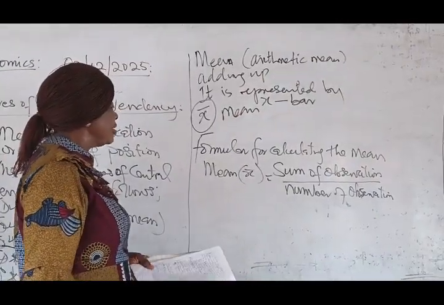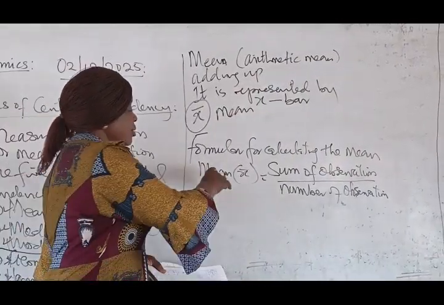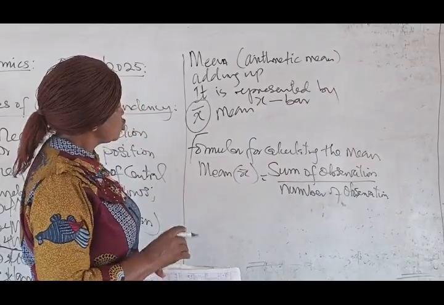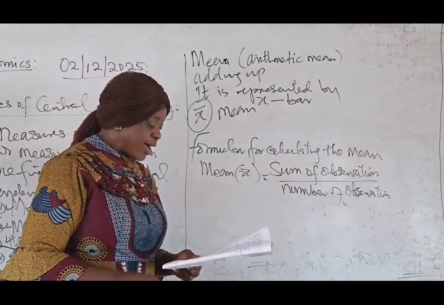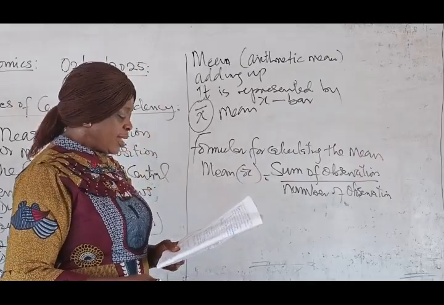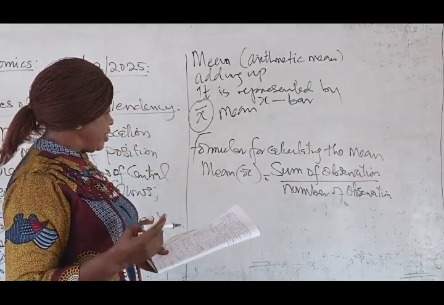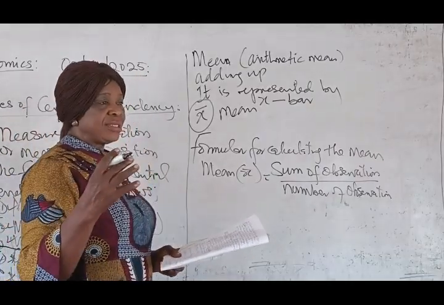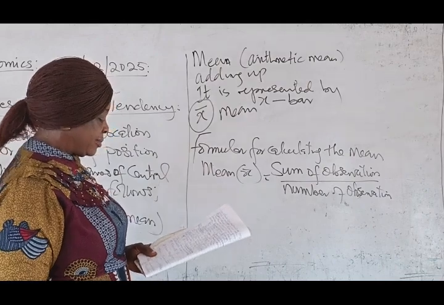Mean, or X bar, equals sum of the observation over number of what? Observation.